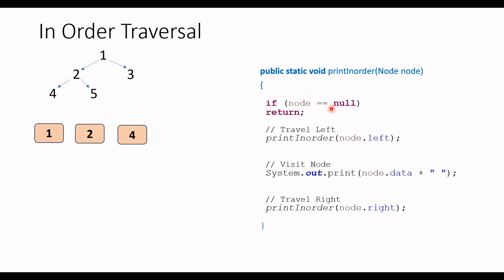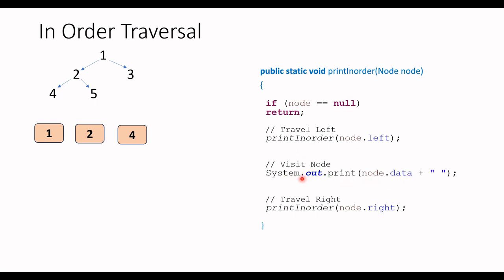Since the node is not null, it will come to this step, and then 4 dot left will be passed as an argument in the print in order function. Since 4 dot left is null, the control will come back here, and then it will move on to this step.